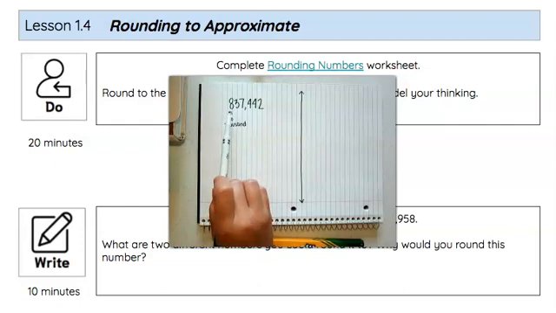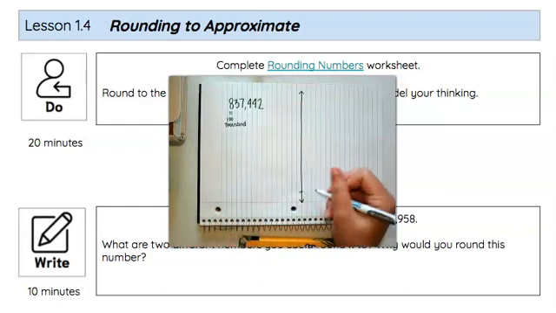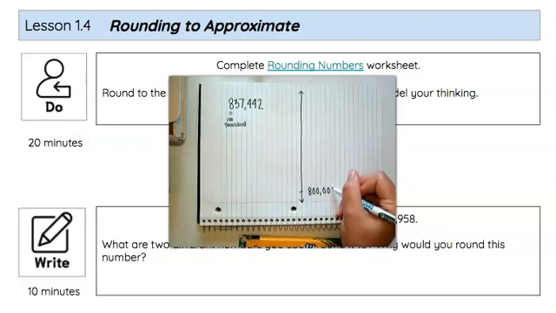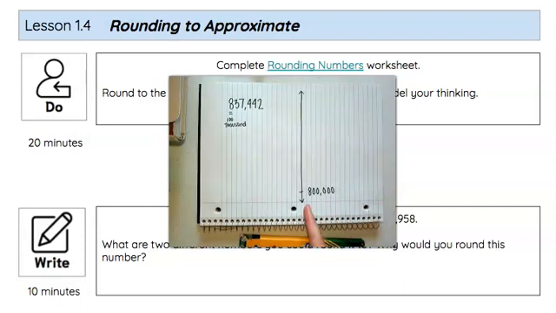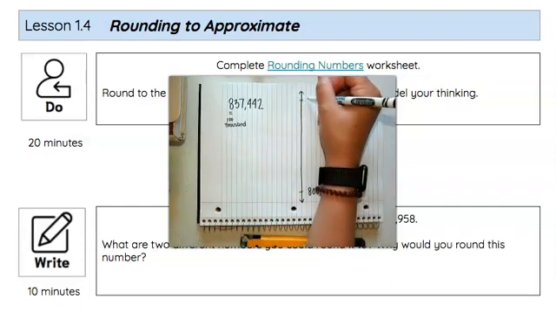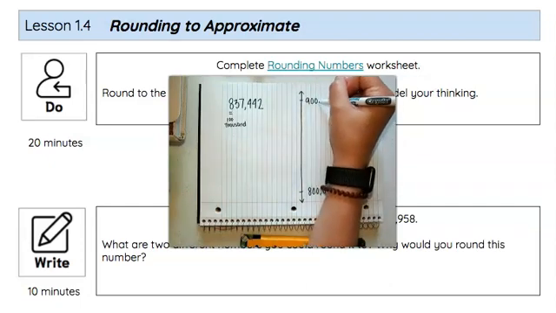The closest number that is less than this number is 800,000. I'm using a number line to help illustrate my thinking, which is something I'm going to ask you to do as well. The closest number that is greater than this number would be 900,000.